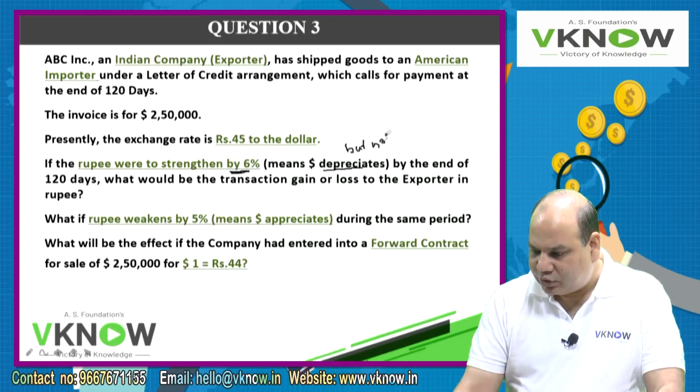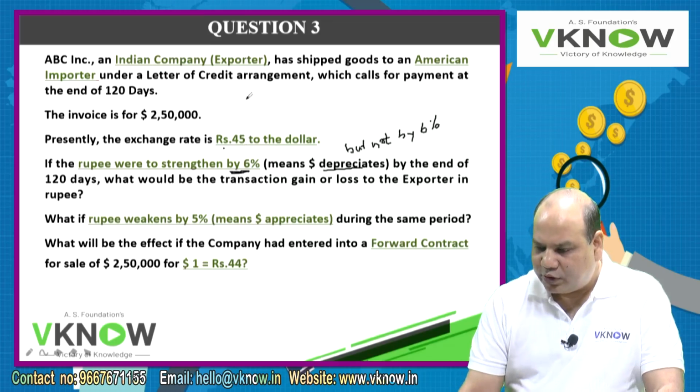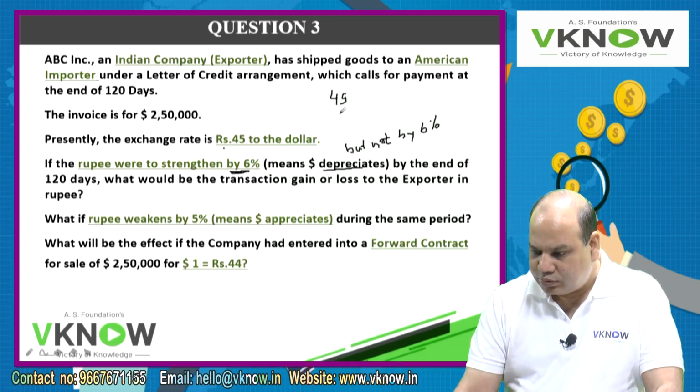That is the mistake which the student can make. So if the spot rate is 45 rupees per dollar, if rupee appreciates, dollar depreciates. Power of dollar will go down. $1 will fetch less rupees.